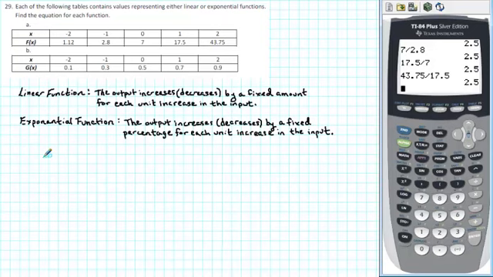So for part A, we'll write down the form of an exponential function. It's f of x is equal to c times a to the x, where c is the initial value and a is the growth factor. So in this case, we have f of x is equal to our initial value.